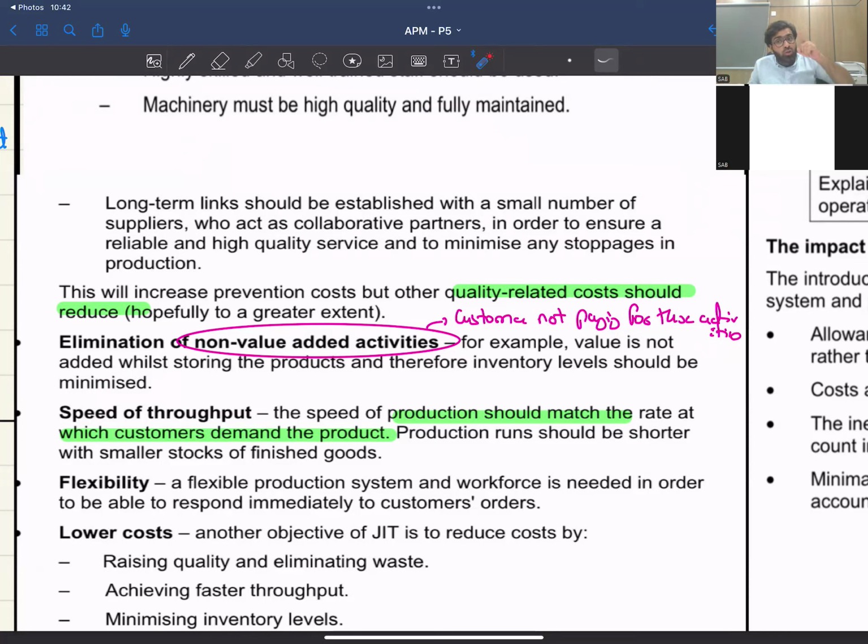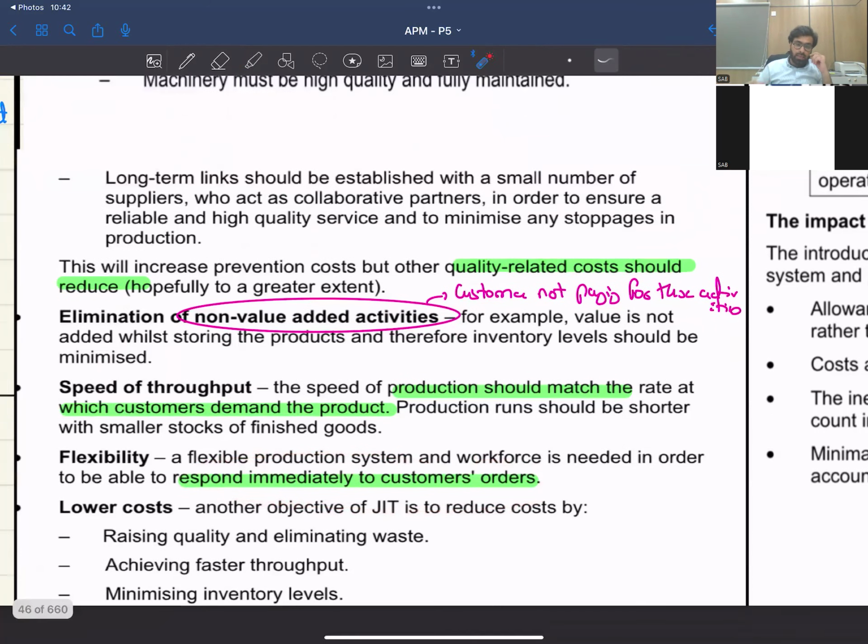If you're not storing the product, that doesn't mean that your customer will face delay. JIT doesn't say that. You just have to align production with customer demand so that you can respond to customer orders immediately.